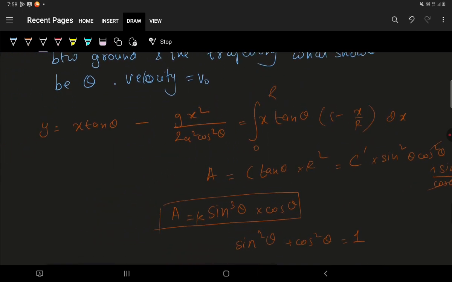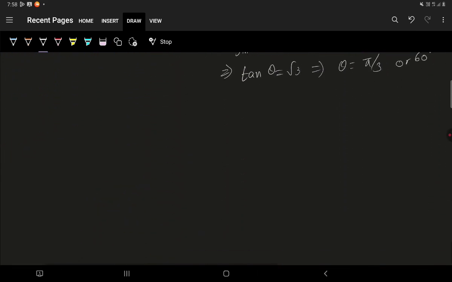Okay. So let me ask another question, but this will not involve the equation of trajectory, or maybe you can try to involve the concept of equation of trajectory.